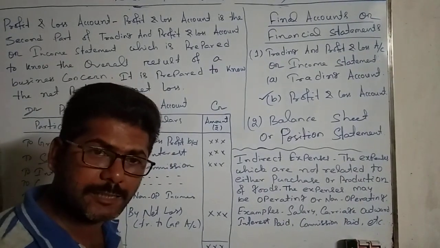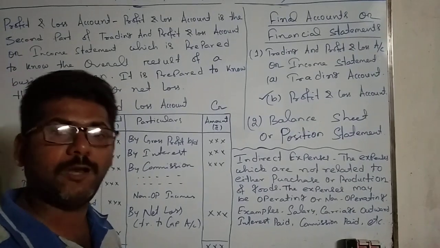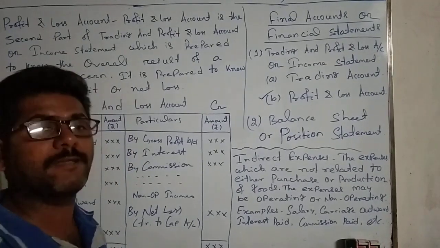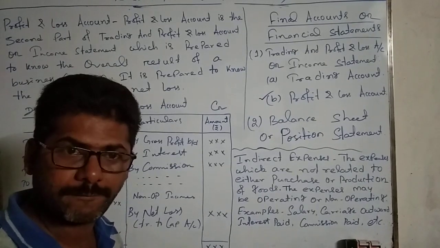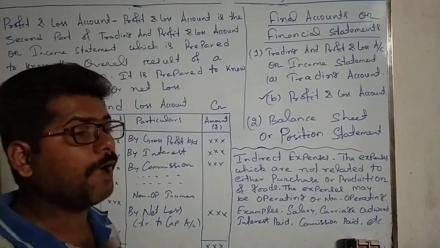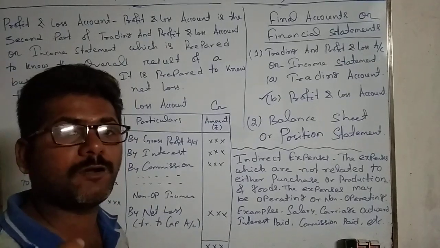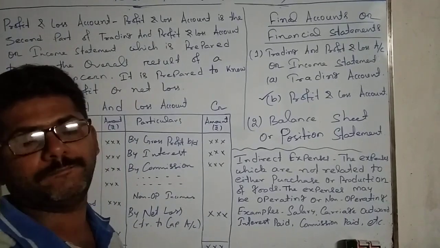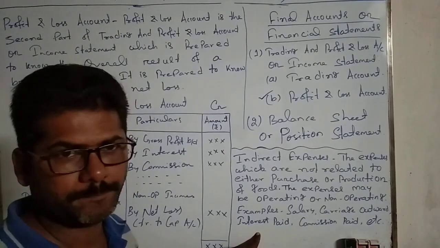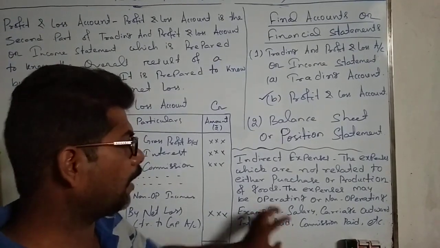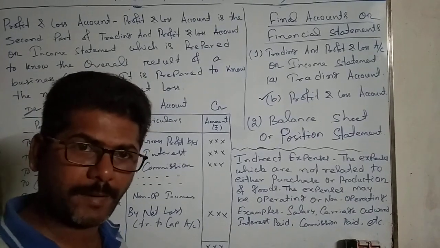Why are you paying interest? Because you have taken a loan or you have taken credit facilities. That is why you are paying interest. Taking a loan is not your business operation. That is why it is a non-operating expense. So some are operating and some are non-operating.